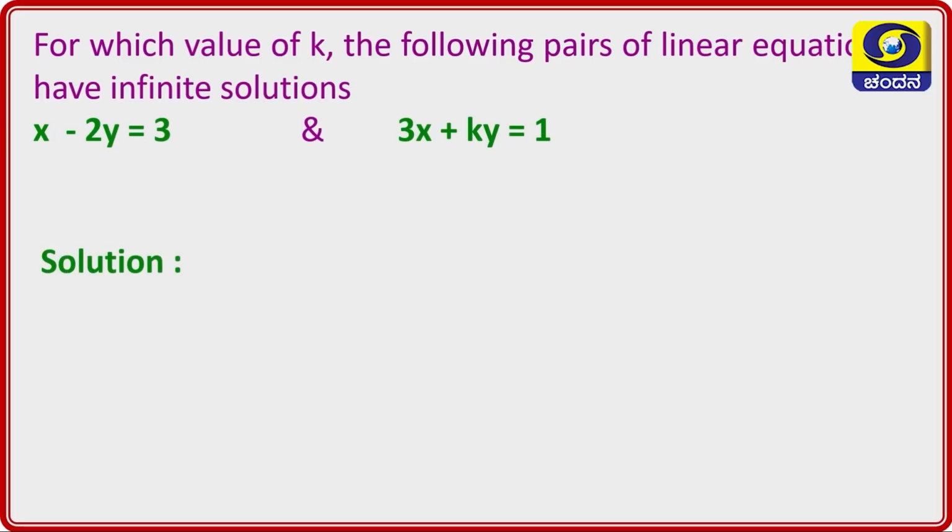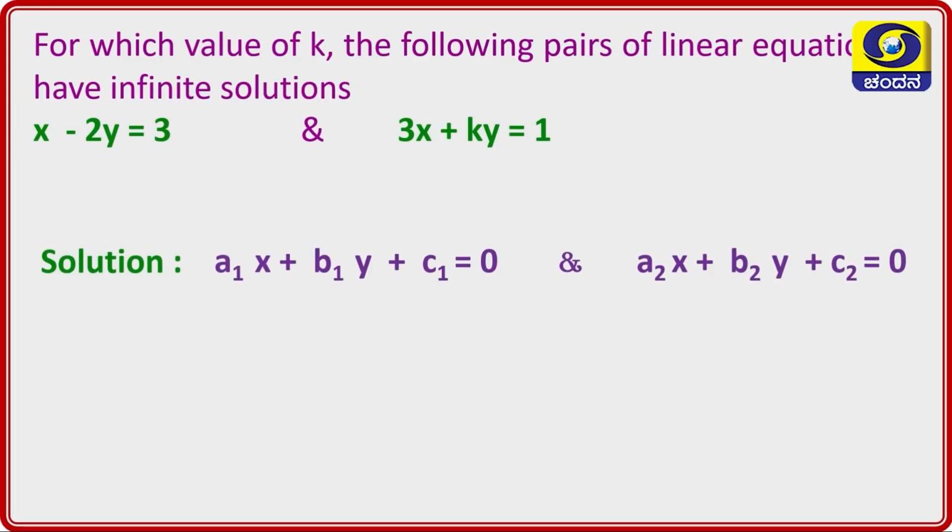So the solution is like this, children. The standard equation is a1x plus b1y plus c1 is equal to 0 and a2x plus b2y plus c2 is equal to 0. Here the value of a1 is 1. Yes, very good. b1 is minus 2, c1 is minus 3. Why minus 3?